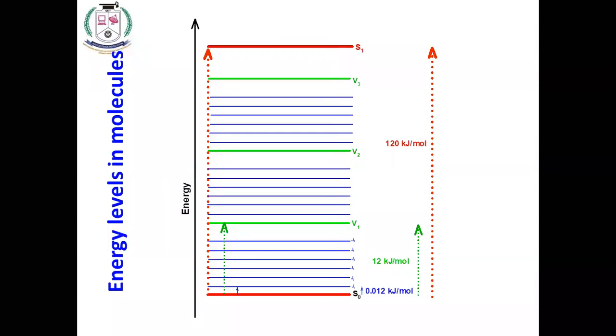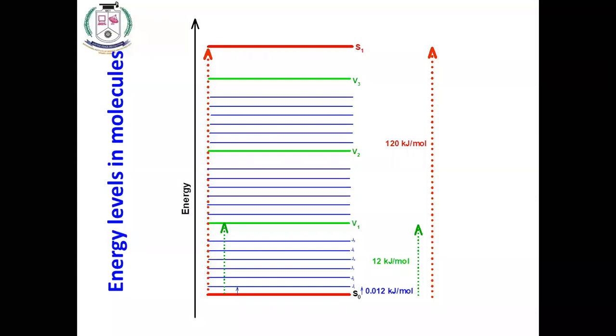Within vibrational levels, that is del V2 minus V1 or del V1, del V is 12 kilojoule per mole, and rotational energy levels difference is 0.012 kilojoule per mole.